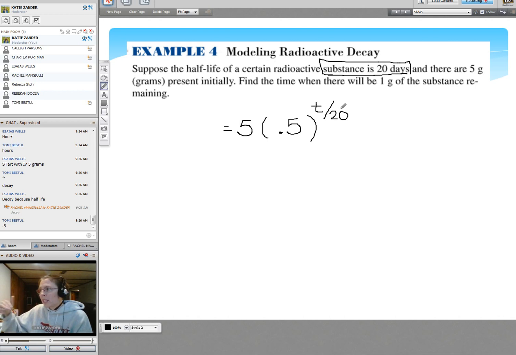So every 20 days, we need to take the time and divide by 20 for the exponent. Now that's new. We haven't seen that yet, but I told you that we had to be careful of the exponent in some of these setups. This is where we have to be careful. Before I proceed on here, any questions with that t divided by 20?